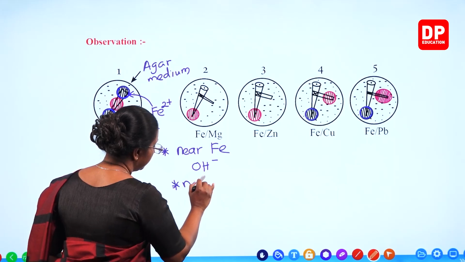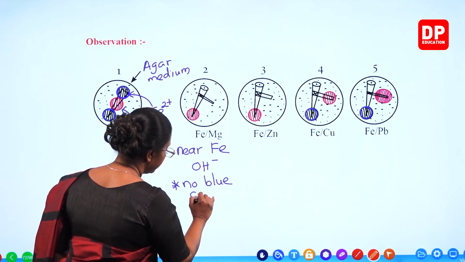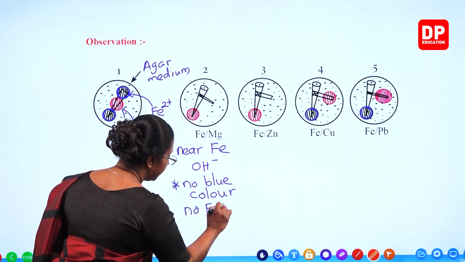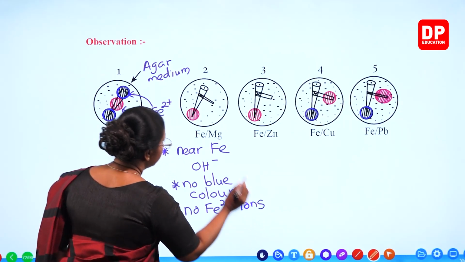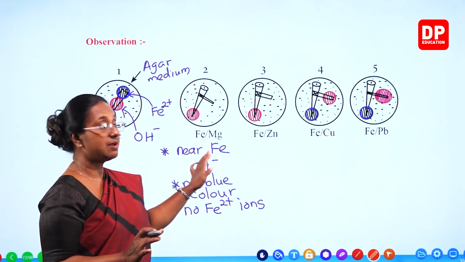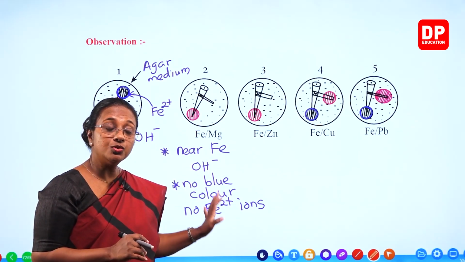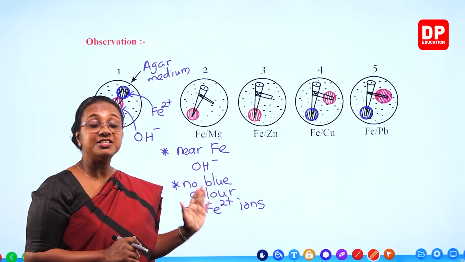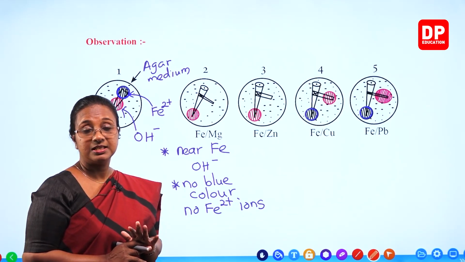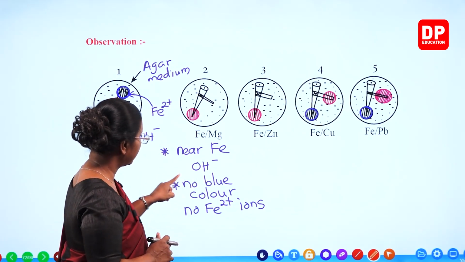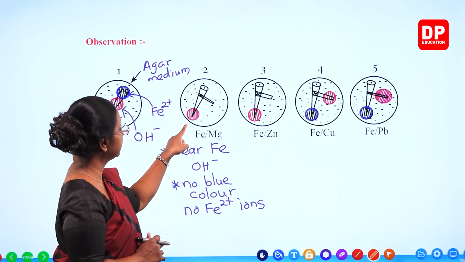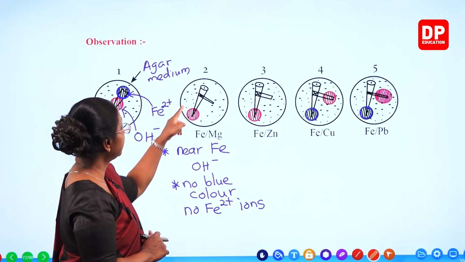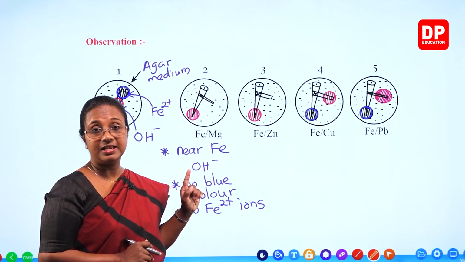No blue color means no Fe2+ ions. So in this petri dish where we had iron and magnesium, there was no formation of Fe2+ ions. That means iron has not been oxidized. But the reduction, that is the presence of OH-, is seen near iron. So that is caused by the reduction reaction that has taken place near the iron nail.